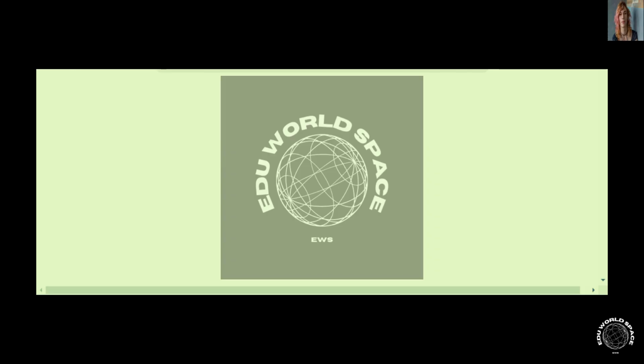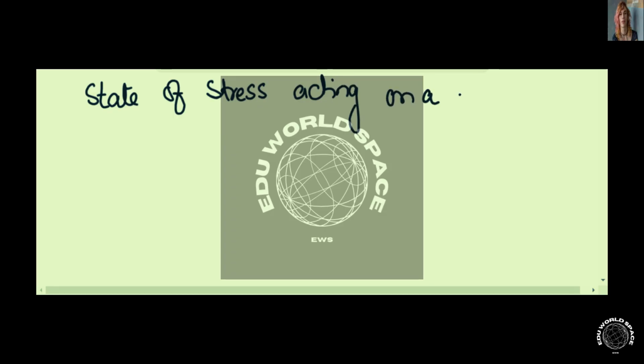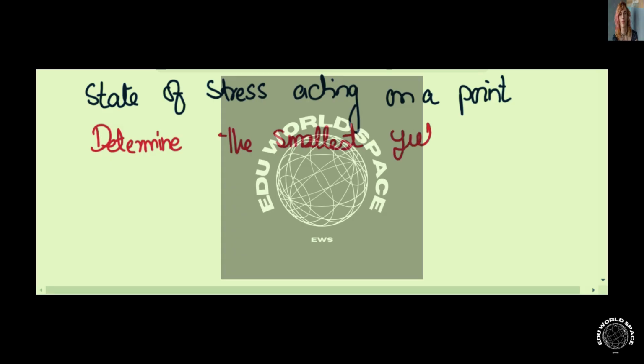So in this question, it states that the state of stress acting on a point is shown in the figure, right? And we are required to determine the smallest yield stress for steel, right?